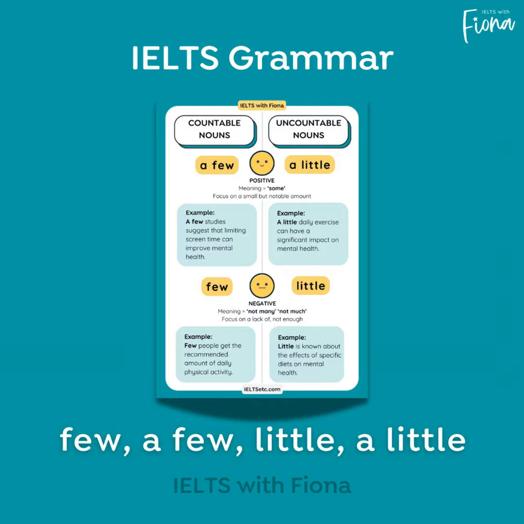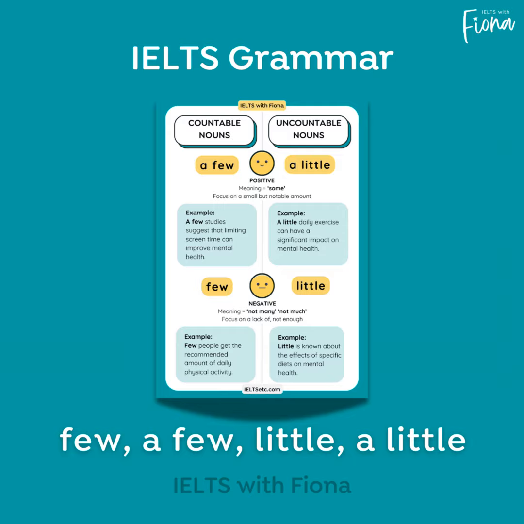So the words negative and positive aren't very helpful. So the use of a few is positive in terms of quantity. So when you say I have a few friends, it's a small but significant amount. So you can also have a few problems. And then the negative is a lack of. It doesn't mean negative as in sad. You could have few problems, meaning you don't have many problems. So you can see the confusion there.